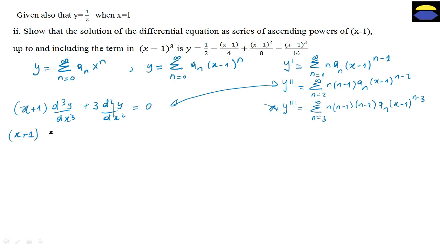So we plug in all that expression, so it's going to give us the sum from n equals 3 to infinity of n minus 1, n minus 2, a sub n, x minus 1 to the power n minus 3.